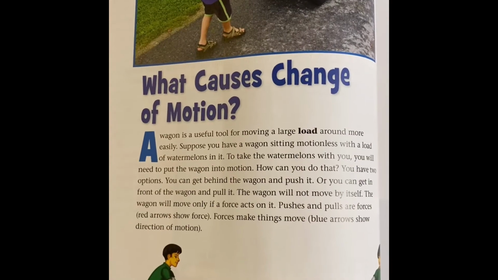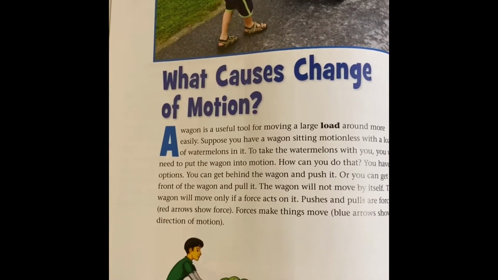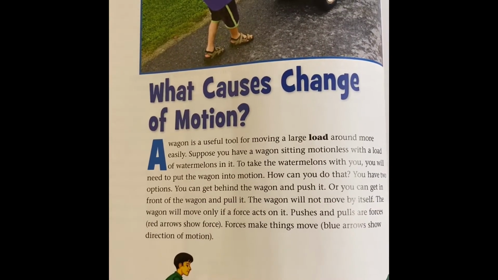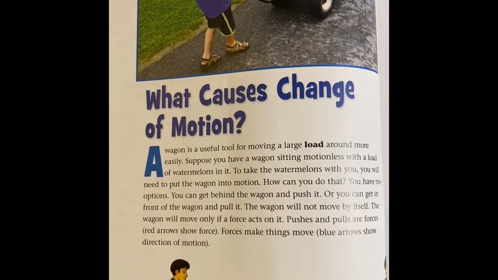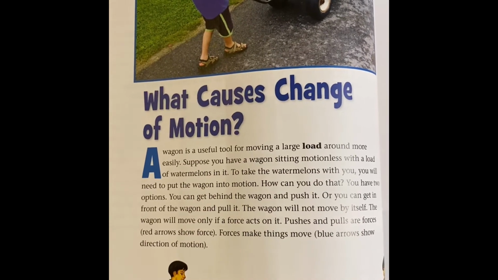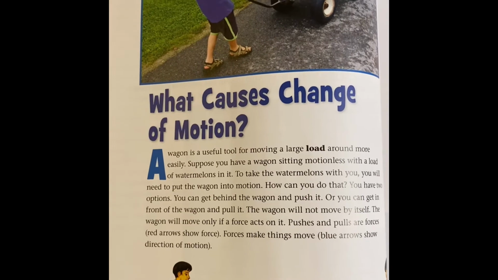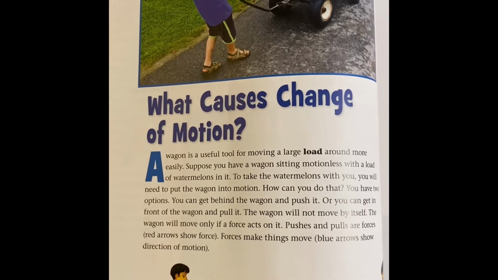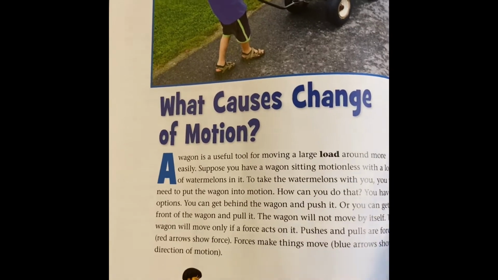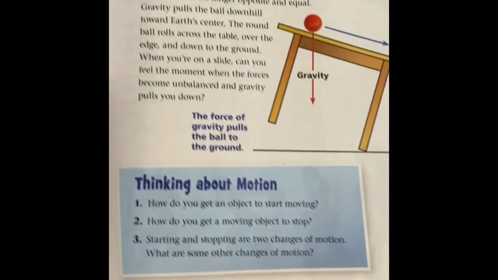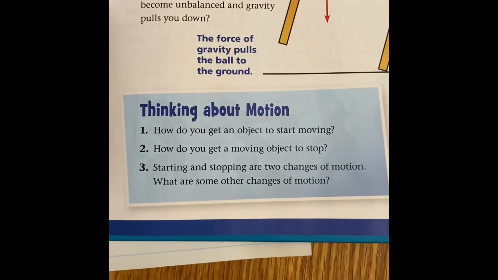Next, we're going to read an article called What Causes Change of Motion? This article will give us some information about the concepts of motion, force, gravity, and speed. When we are done reading the article, I want you to be able to answer these 3 questions.